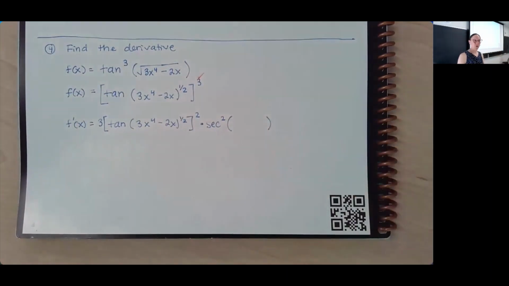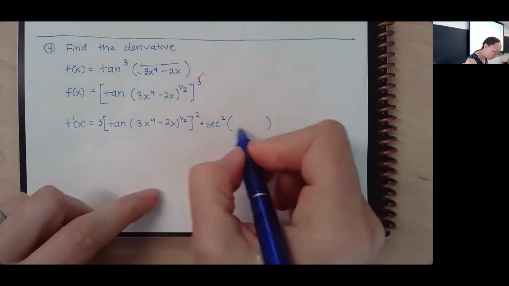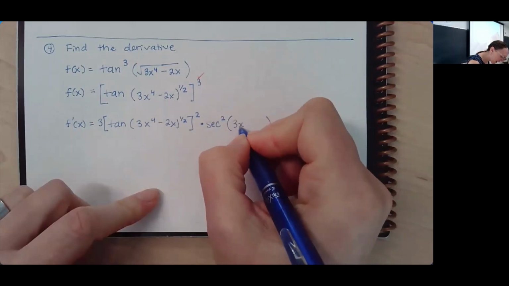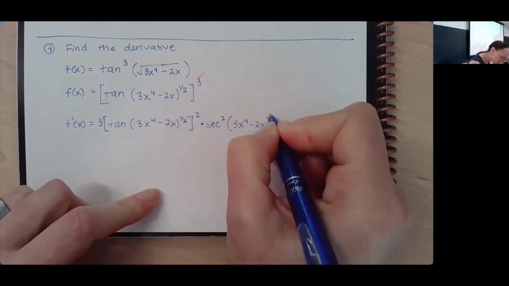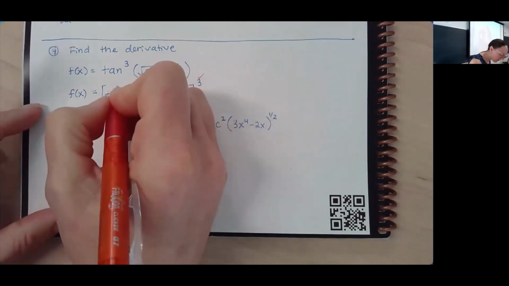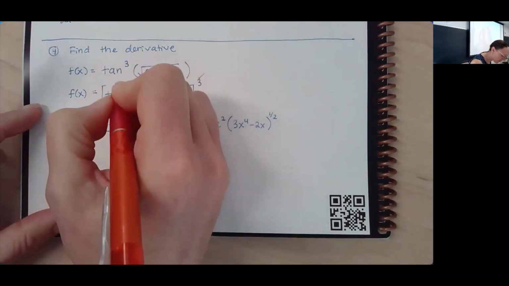Again, calculus cannot change the argument of a trig function. Only trig identities can. So when you take derivatives of trig stuff, whatever is inside stays the same. So 3x to the 4th minus 2x whole thing to the 1/2. And again, I'm going to mark off that I took the derivative of the tangent part.